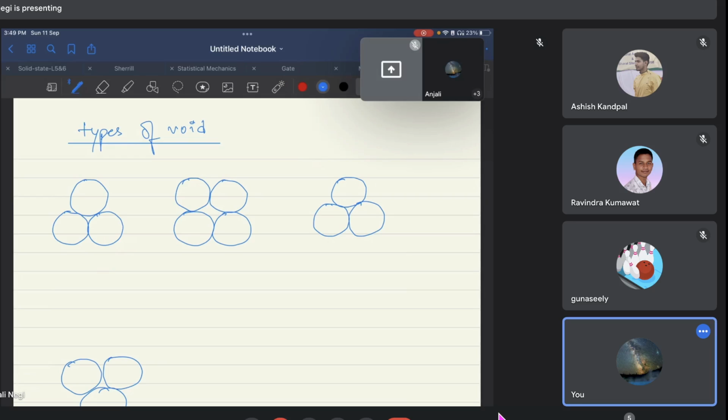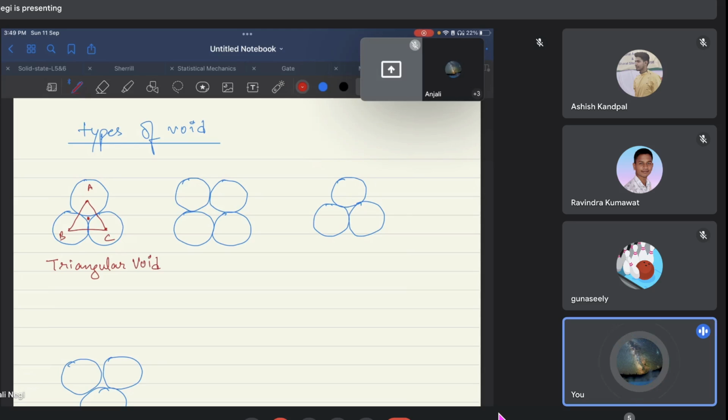For the first one, if it is atom A, atom B, atom C, and from the center we join all the centers, the void that appears here is the triangular void.